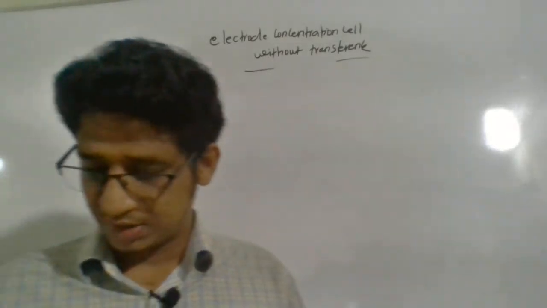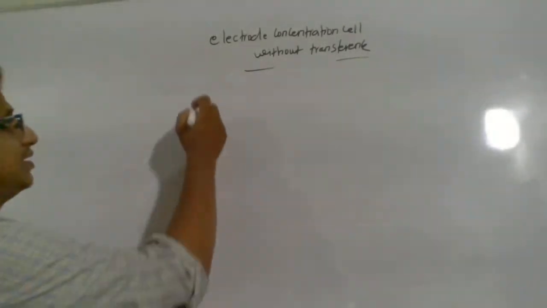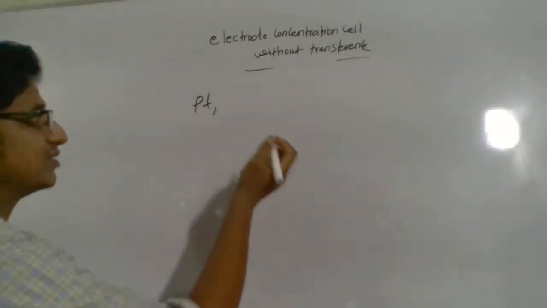So let us start with the hydrogen electrode. Let me take a platinum electrode because it's a gas electrode.